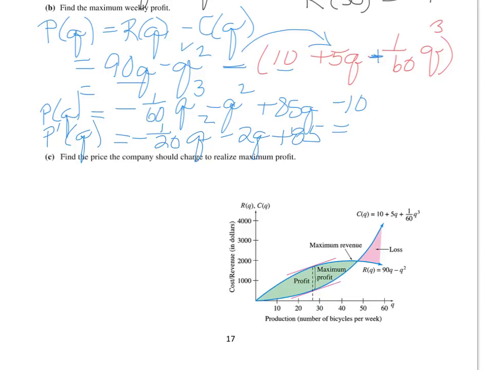And we will set that equal to 0 to determine where the maximum profit actually occurs, what the critical number is. Now, the best way to solve this problem is using quadratic formula.